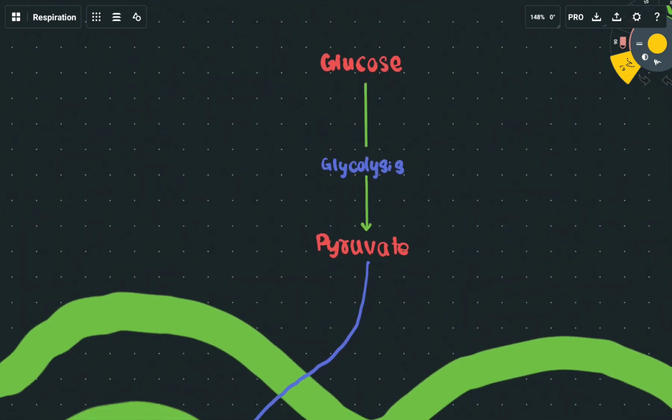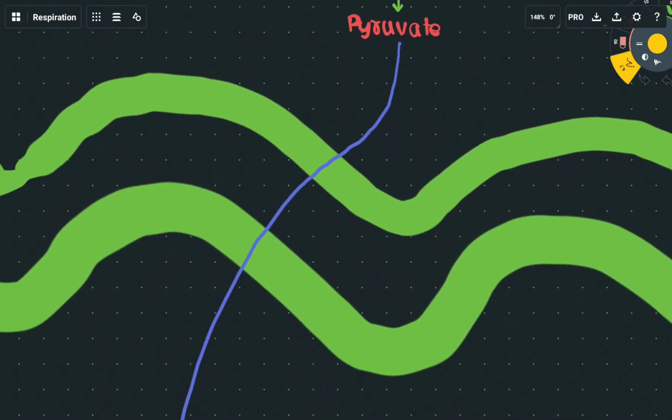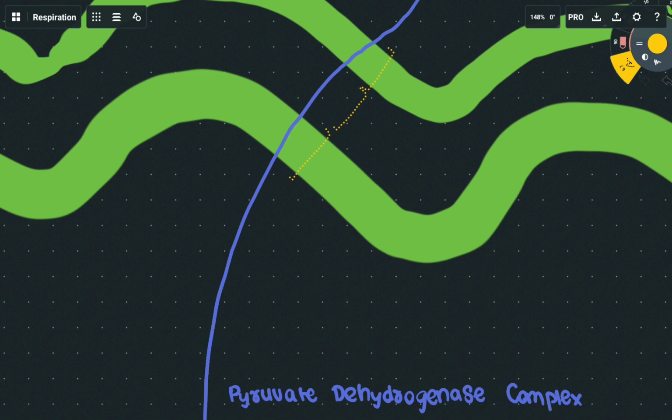So in the cytoplasm, we converted glucose into pyruvate through glycolysis, and this pyruvate is sent to the inside of the mitochondria. First it goes through the outer membrane, then passes to the intermembrane space, and then finally it passes the inner membrane to reach the matrix of the mitochondria.